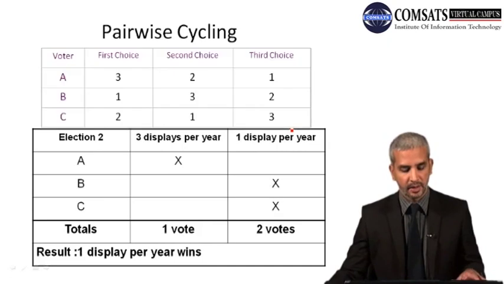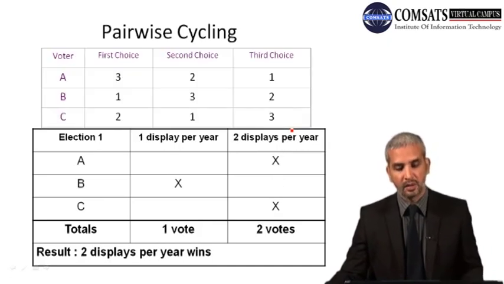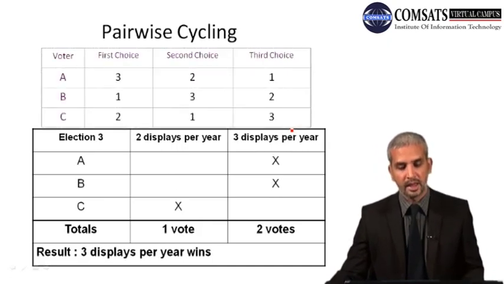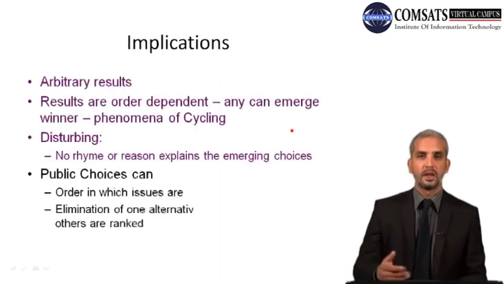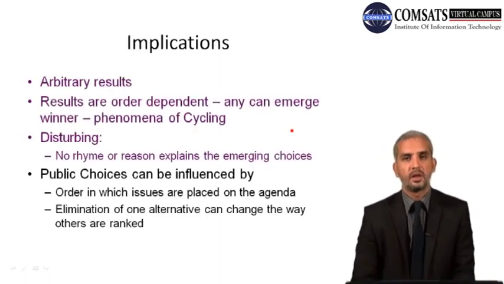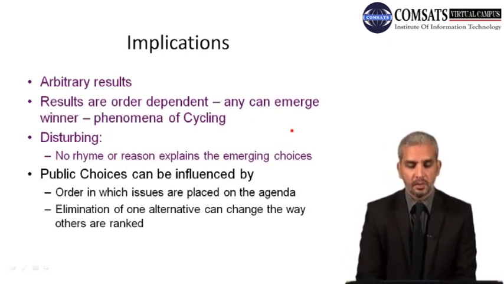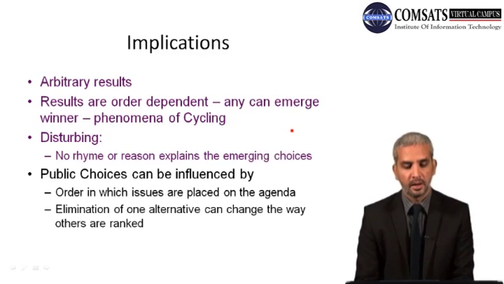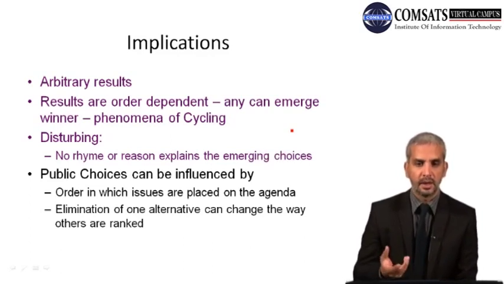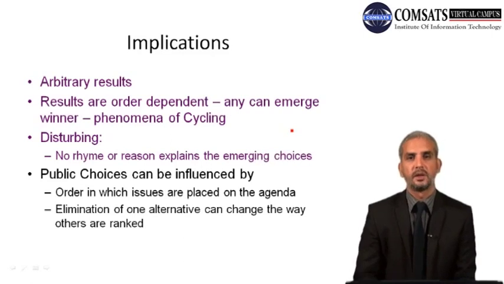So all these represent different outcomes of the election. The results are arbitrary and we cannot reach a political equilibrium out of this. That would mean results might be order dependent, or dependent on how the alternatives are paired together.